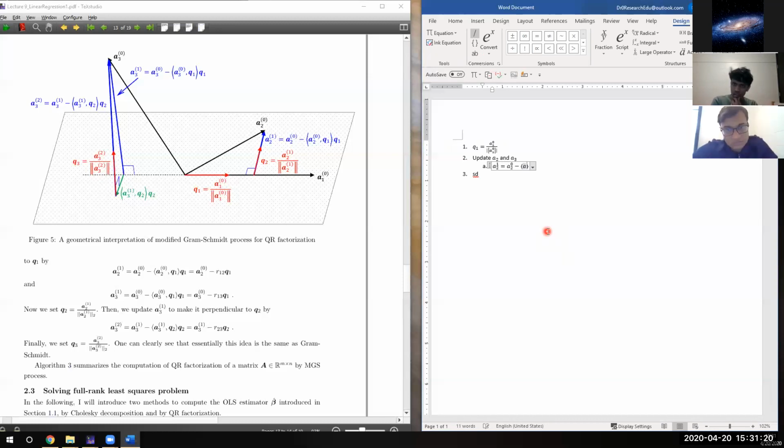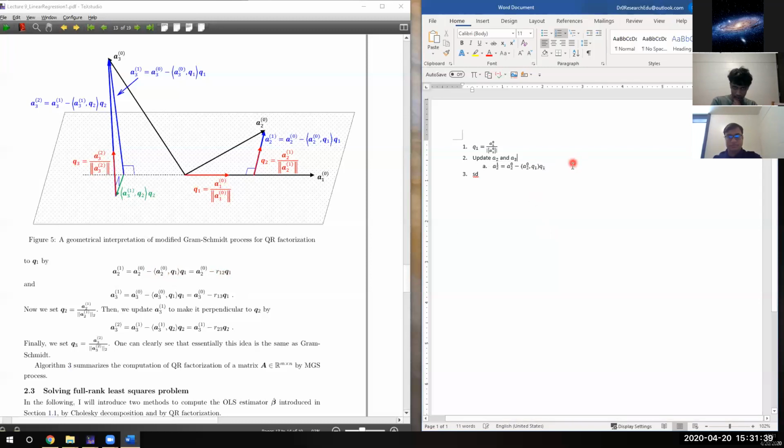Actually, it is here. Let me copy and paste here: A2 0 and Q1. What I'm writing is right here, and we denote this part, A2 0 inner product Q1, to be A1 R12.